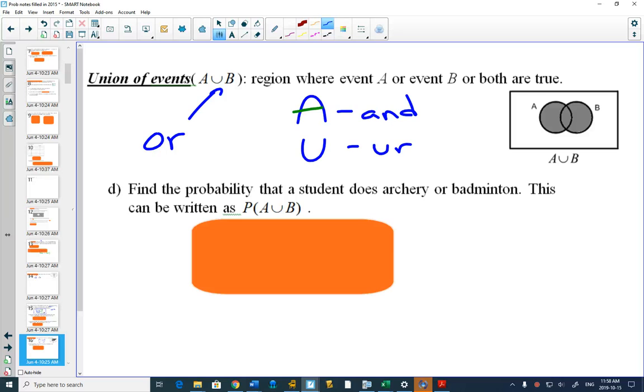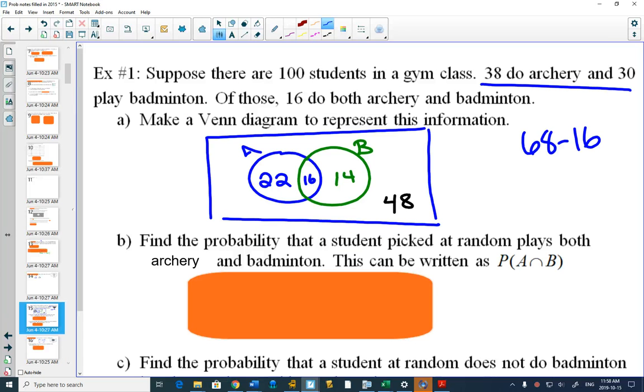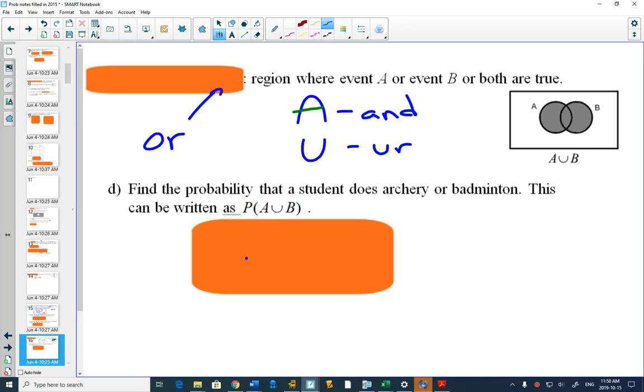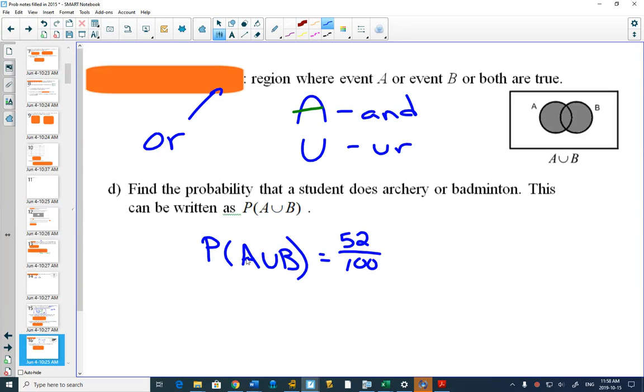So find a probability the student does archery or badminton. We go back to our Venn diagram. There are 22 plus 16 plus 14, 52 people in total that do archery or badminton.